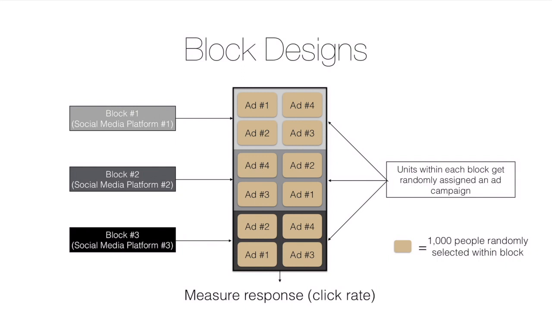So here in this diagram, I have illustrated what the 3 different blocks are. So in this example, it should be the 3 different social media platforms. Maybe that's Facebook, Twitter, and Instagram.